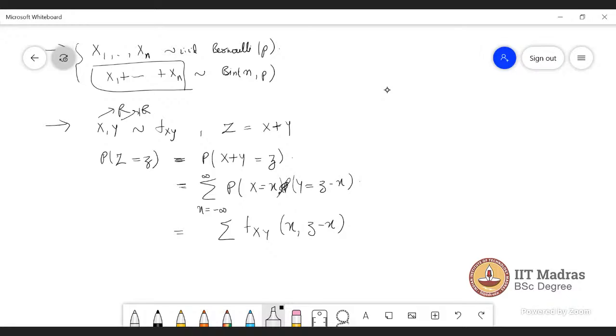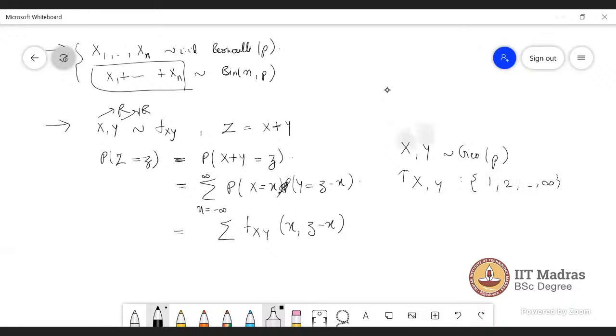So let's say x and y were following the geometric distribution, geometric p. We know the range of x; never forget to write the range for the random variable. For the geometric distribution, the range of x and y varies from 1 up to infinity.